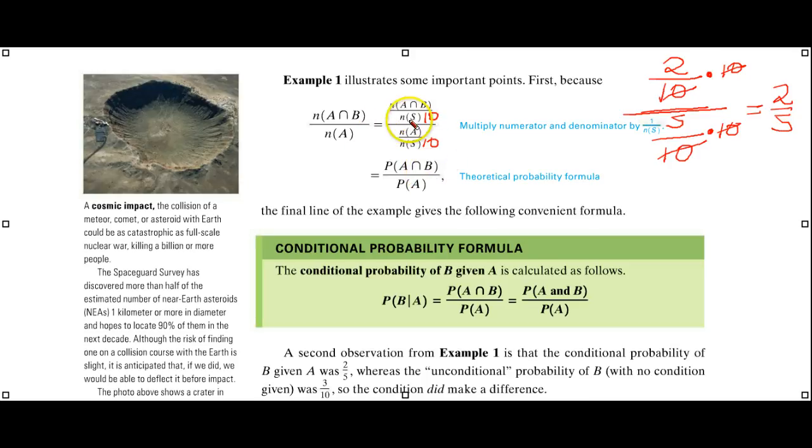So a derivation of this to this is proved by this. In a sense, you're multiplying both of these fractions by your sample space, n(S). So these cancel out, and you are just left with the numerators of both parts. Okay, again, you have the formula. You don't need to work with this.